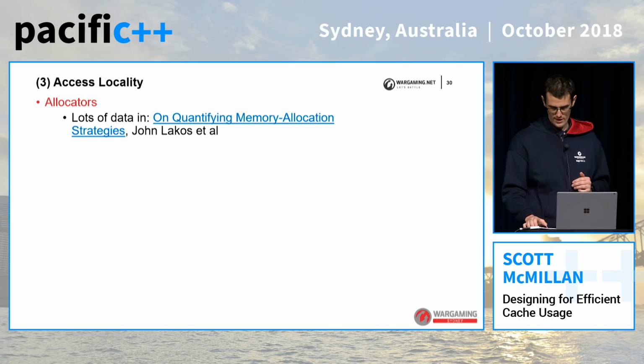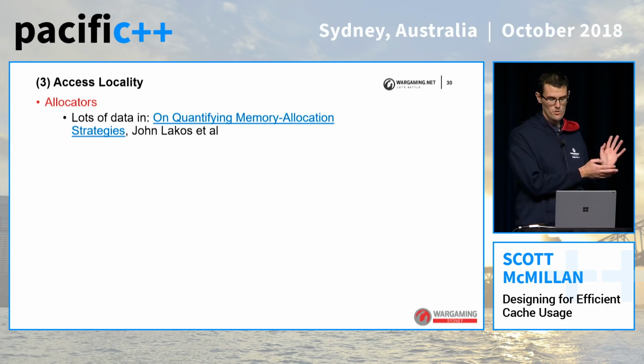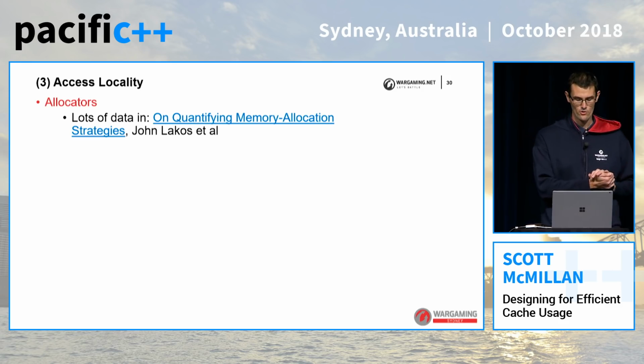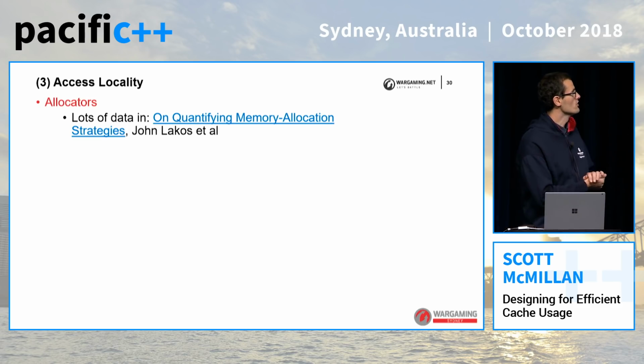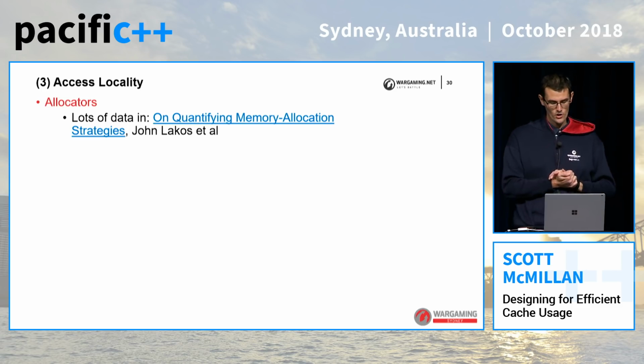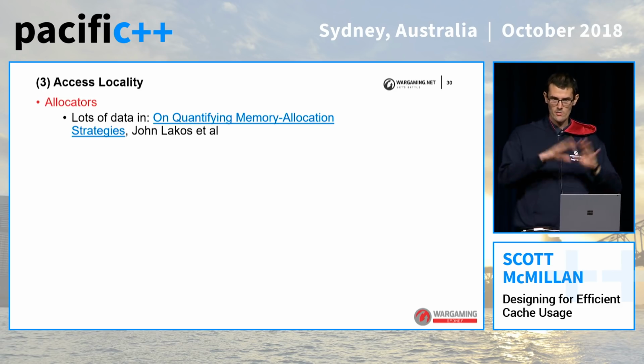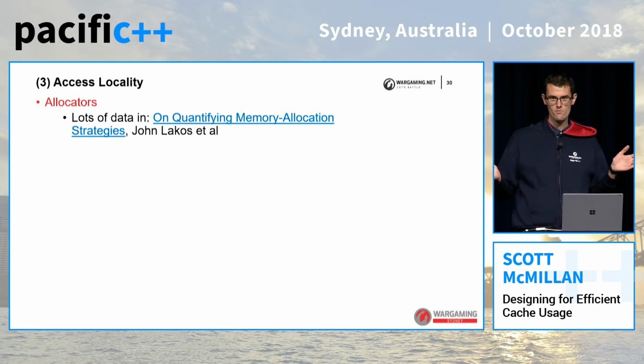There was a talk at CppCon in 2017 by John Lakos on arena allocators that addressed this better than any example I could write, I thought. And all the information is in this paper as well on quantifying memory allocation strategies by John Lakos and others. One of the tests that they ran to simulate a large system with several subsystems had a large collection of std list of int.